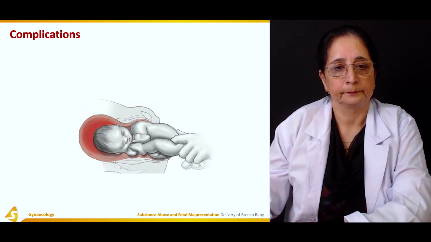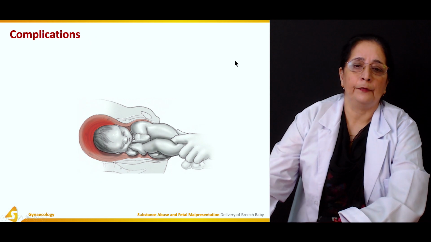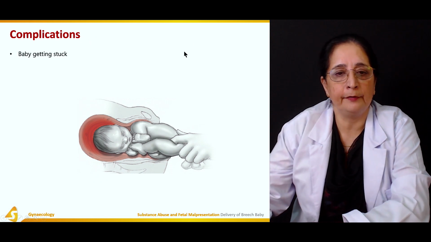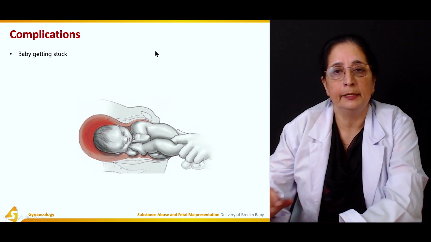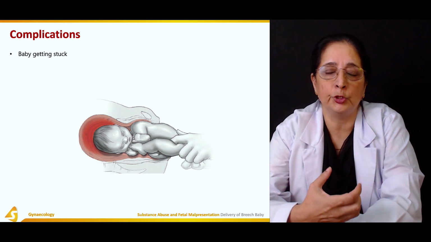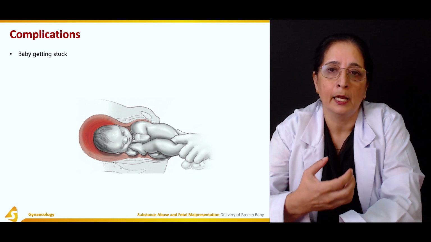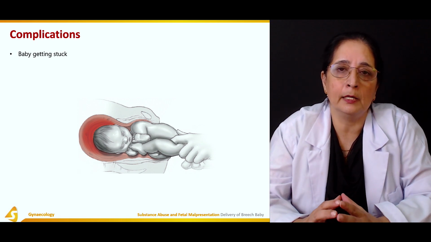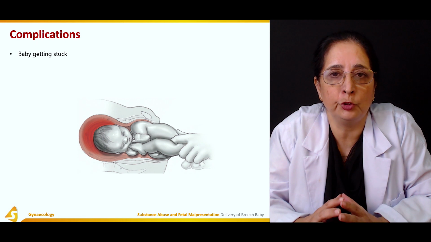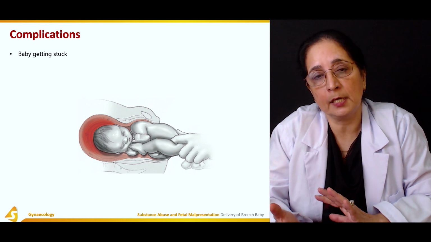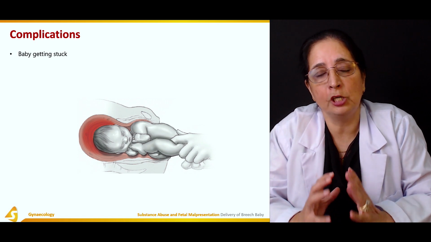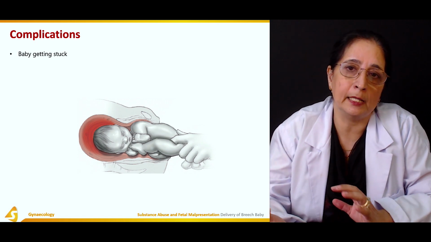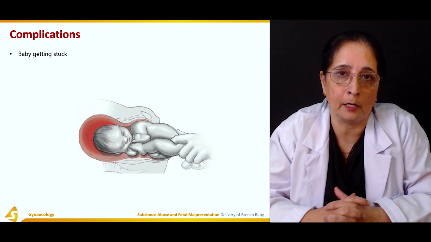The complication of breech delivery is the baby getting stuck. That can occur. The after-coming head is usually stuck, and then it's very important that the well-being of the baby be assessed, because sometimes if the delivery is not possible, the baby is pushed back up into the uterus, and then emergency C-sections are performed.